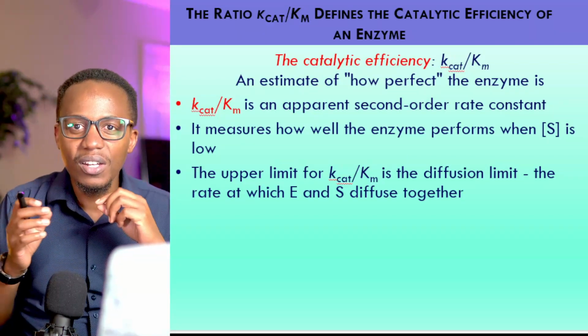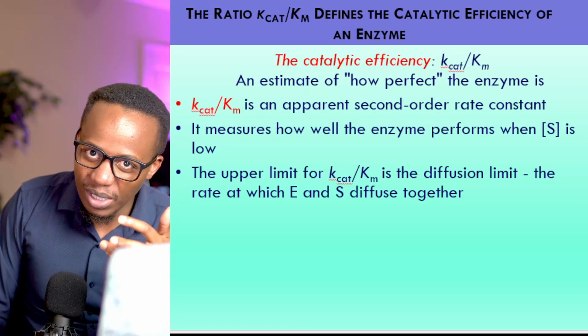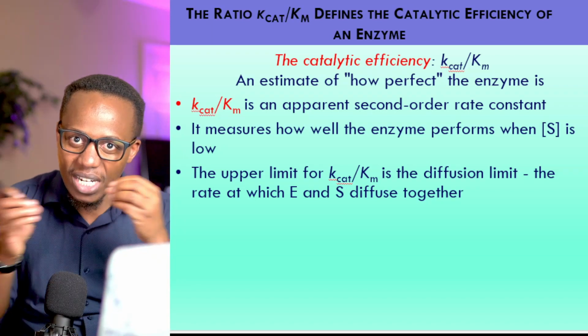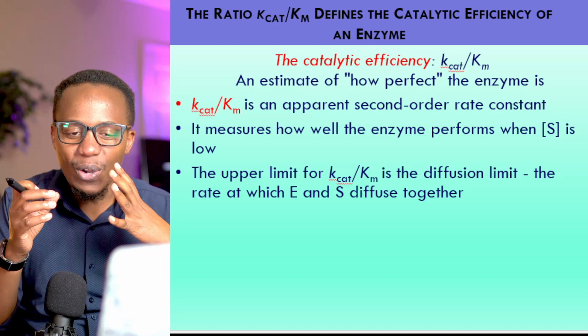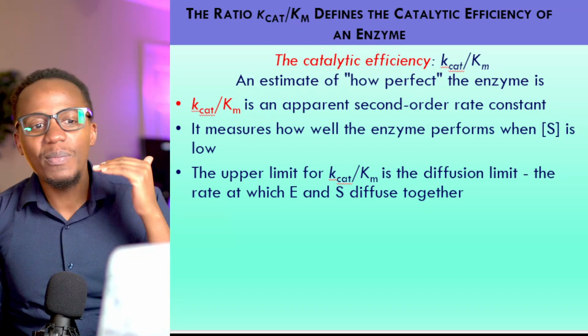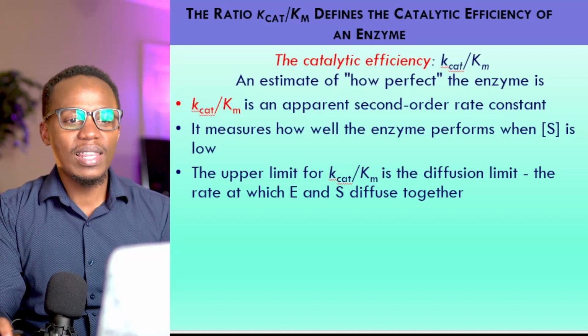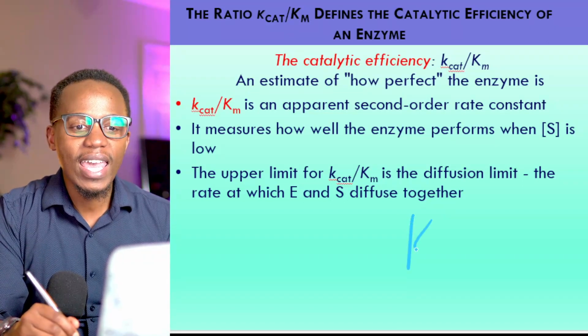Kcat measures how many molecules we're catalyzing, right? And then Km measures the affinity, how quickly it binds to it. So Kcat over Km is the catalytic efficiency, right? That's another one. And by the way, sometimes it's called KEF.